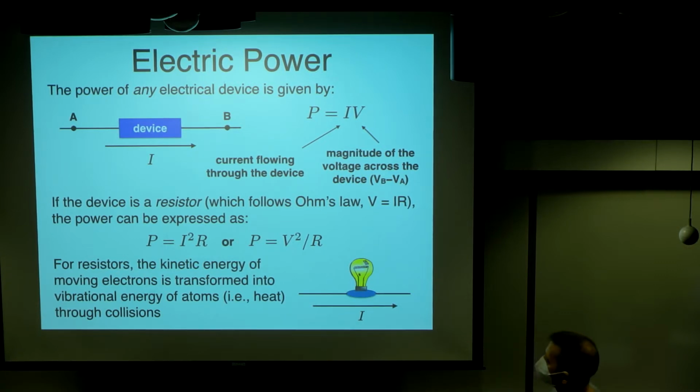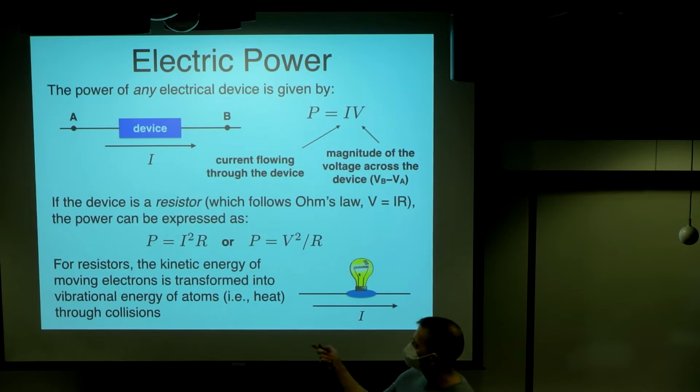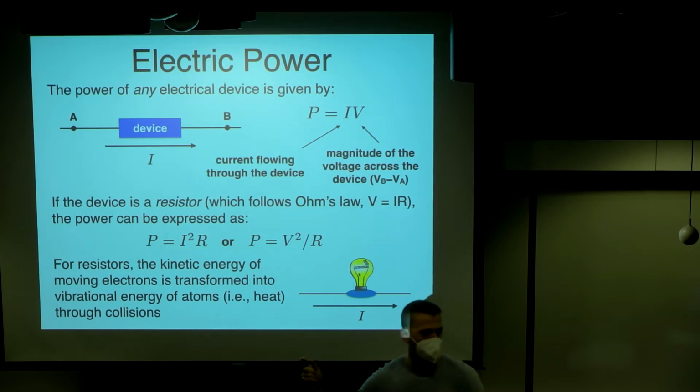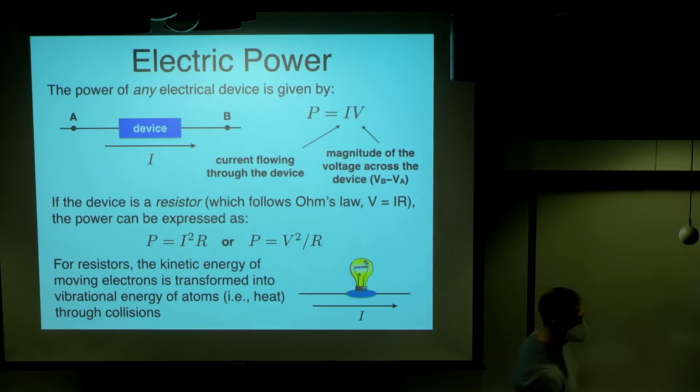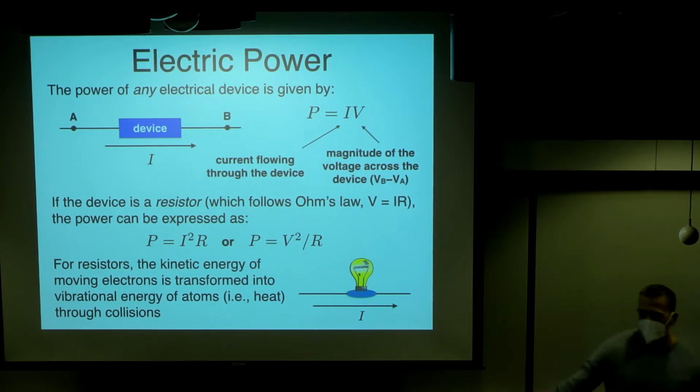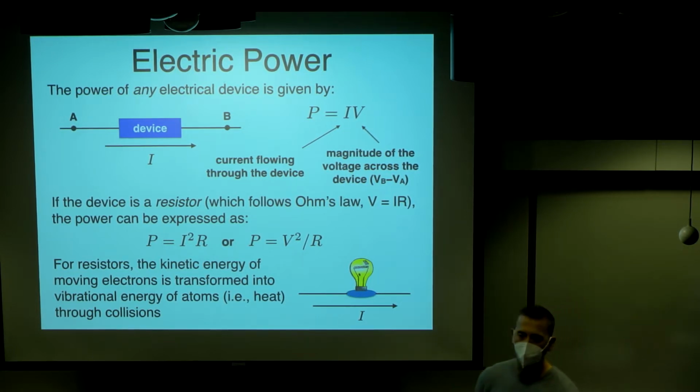What I'm going to show you to start off is that the power of this device, and remember what power means, it's the energy it's consuming per unit time, is equal to I times V, where I is the total amount of current flowing through it, and V is the potential difference across the device. So if you take the current running through a device multiplied by the potential difference across the device, whatever this happens to be, that's going to give you the power, okay?